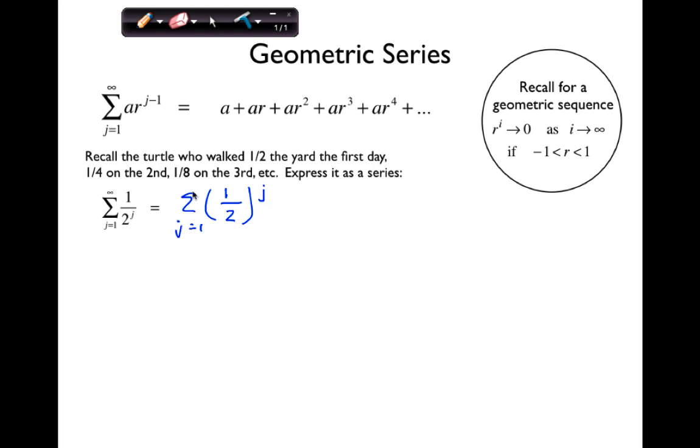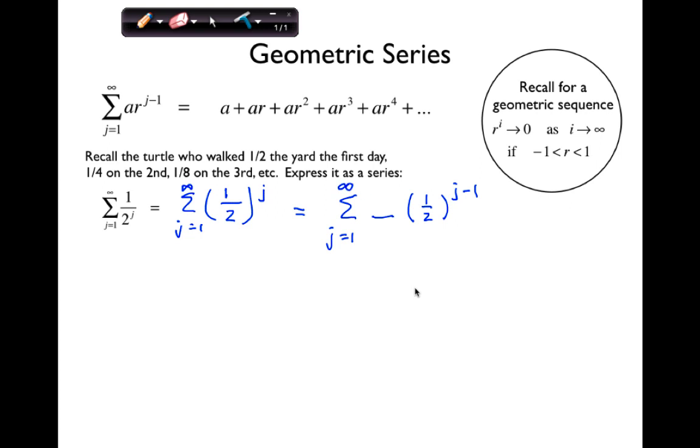To make it look like this form, a times r to the j minus 1, this goes back to our understanding of exponents. So how can I make those equal?